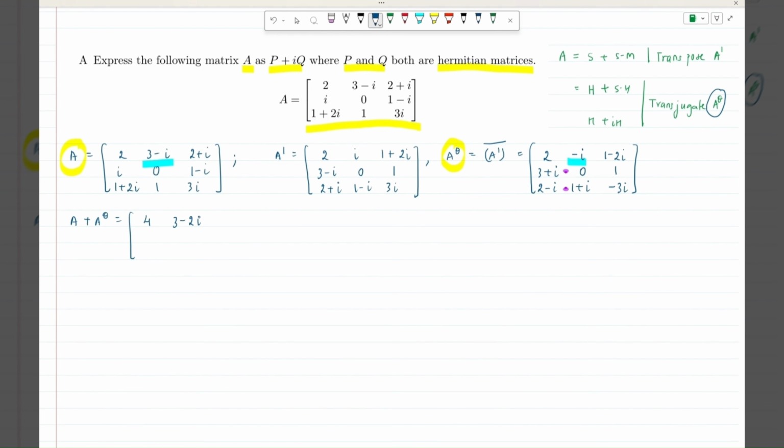And continuing so on, we get this. And also simultaneously, let us talk about the difference of this.